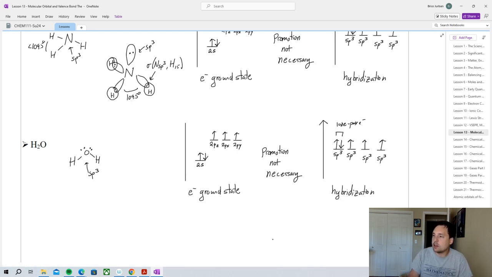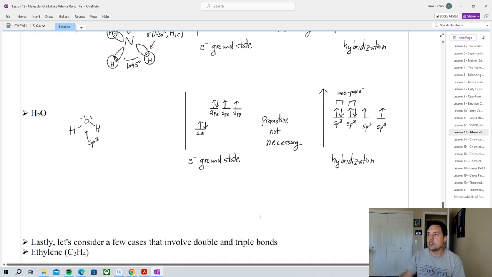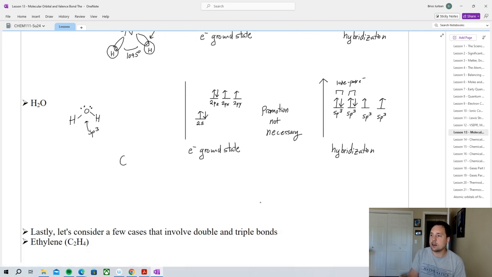If we look at the ground state for oxygen, we'll see that promotion, again, isn't necessary, because there are 2 electrons that are unpaired, which can participate in bonding. However, you still need to hybridize, and we end up getting 2 lone pairs, and then 2 electrons left over for bonding with hydrogen. We have the oxygen here in the middle.